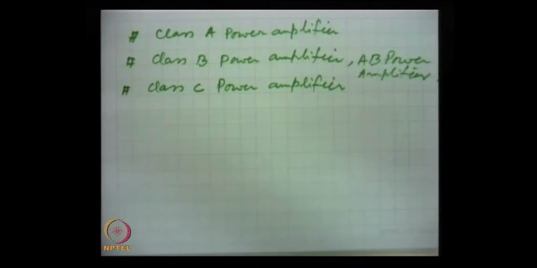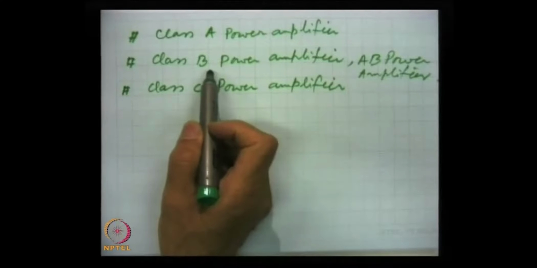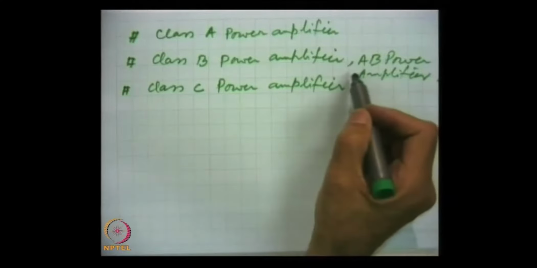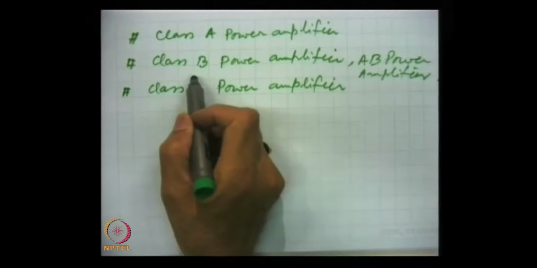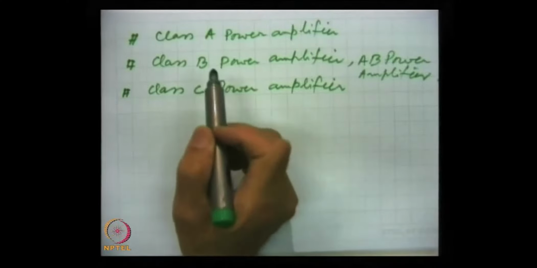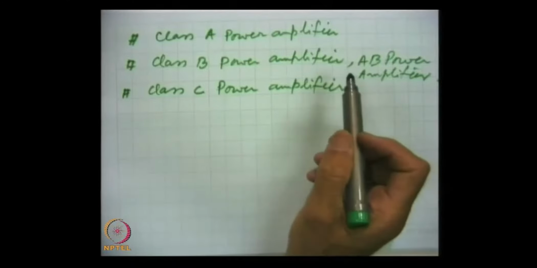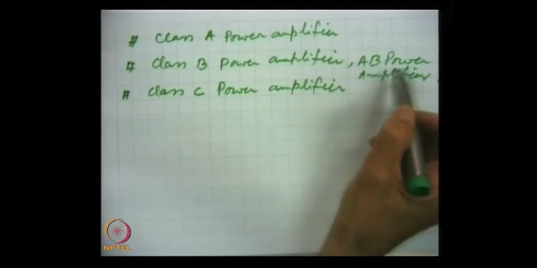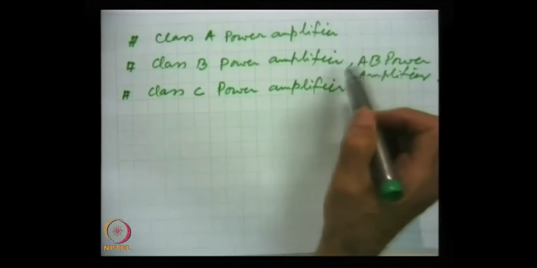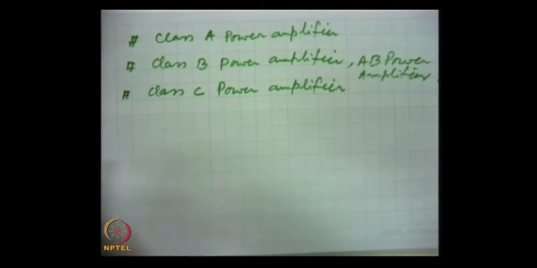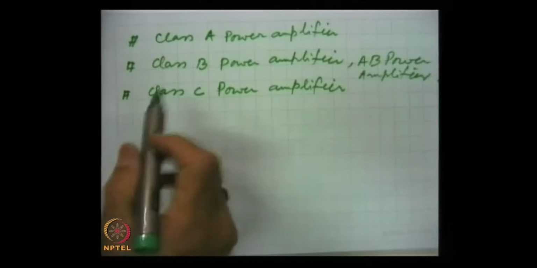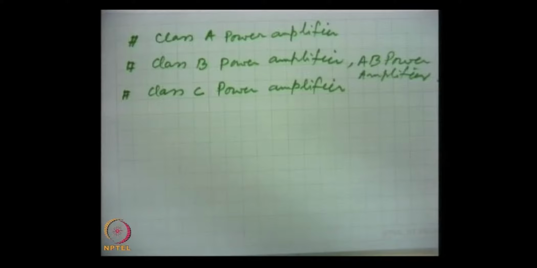All are quite different. Their circuits are different, their efficiencies are different, and so on. But in class B, more widely used is a slight modification of pure class B power amplifier, and that modification is known as AB power amplifier. The details we will see when we go for these amplifiers. Now, what is class A power amplifier?